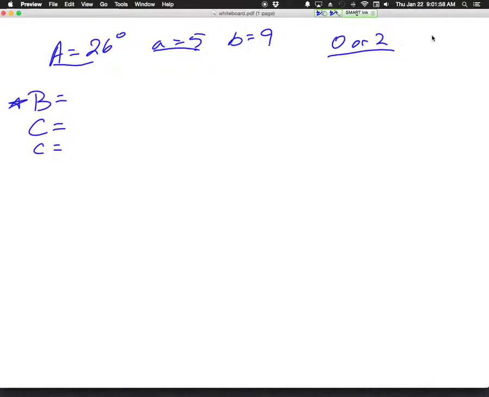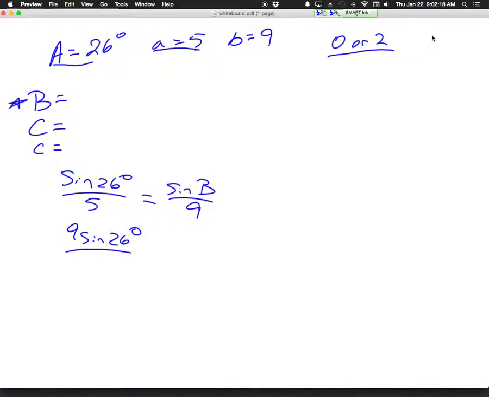All right. So I need to find angle B. So set that up for me, Kaylee. Sine of 26 over 5 equals sine of B over 9. Very good. So I kick the 9 over. What else do I need to do besides kick the 9 over? Inverse sine.